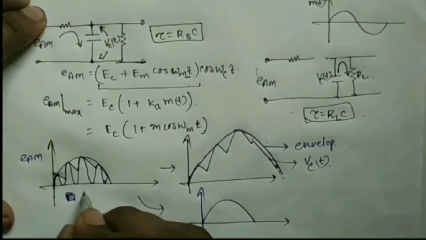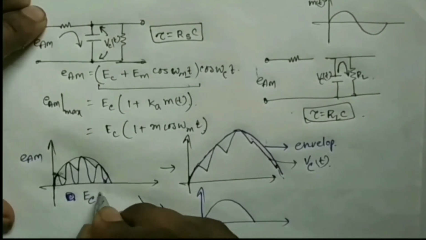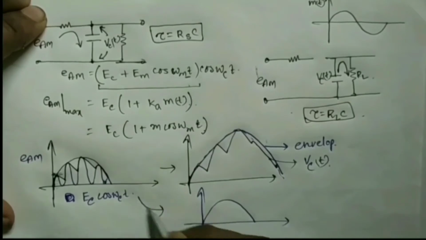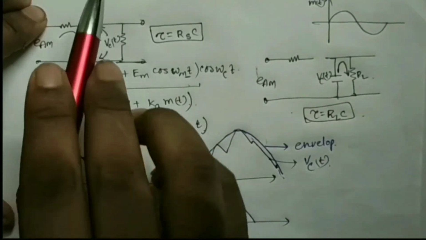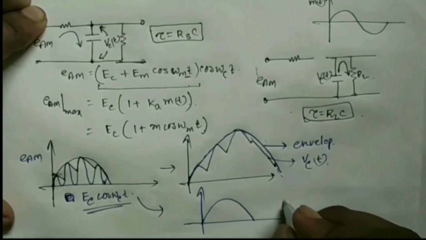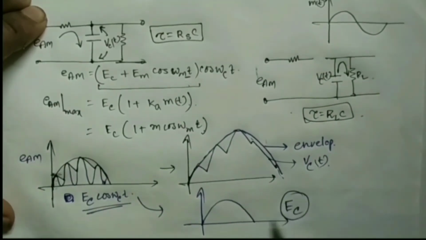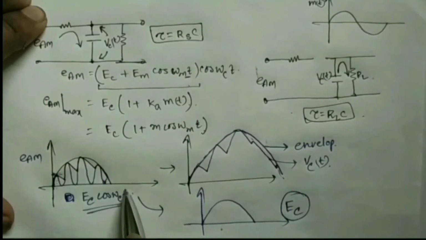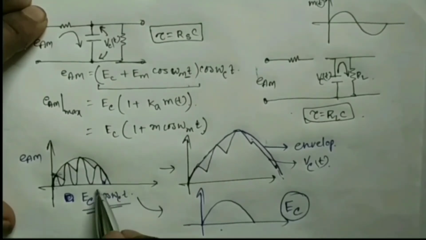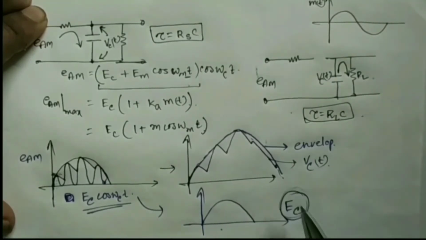If the signal here is EC cos omega CT, suppose, then if we pass this to the low pass filter, the output will have a value of EC. This is not the case here; we are considering this as an example, that is, the low pass filter will suppress the higher frequencies of omega CT, so this cosine term will be suppressed and we'll get this as the output.